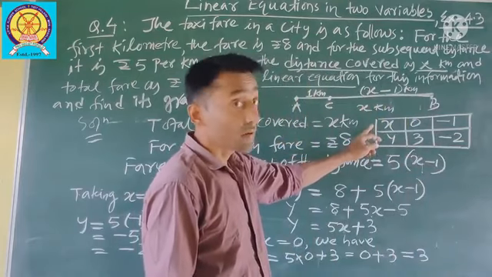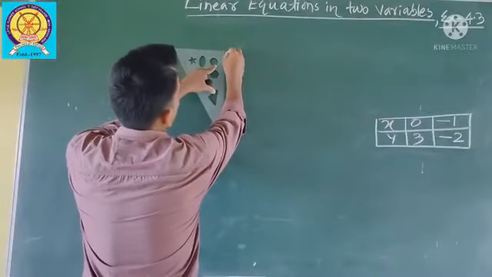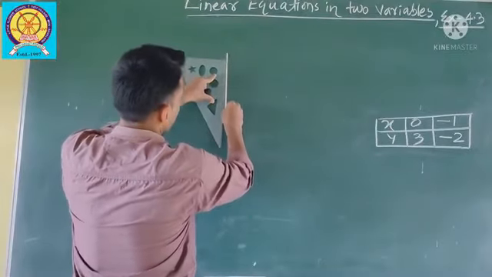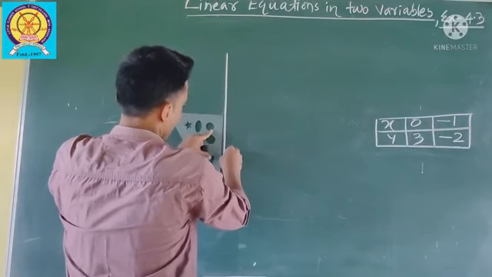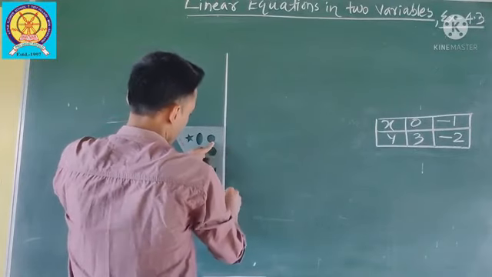Now we plot these points on graph paper. First you make the Cartesian plane with x and y coordinates.